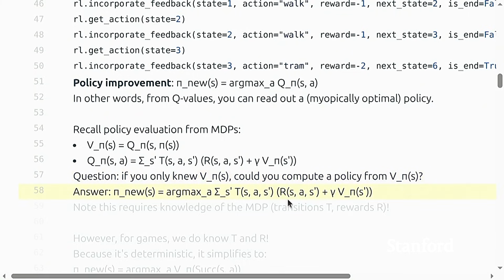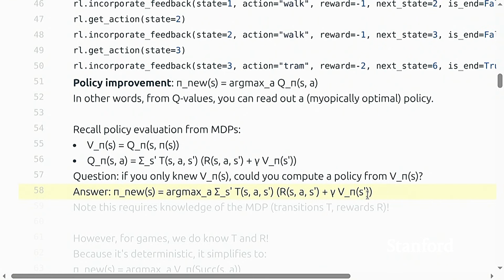If I only told you essentially how good various states are, can I get a policy out? Well, I guess the question is, what do you need to get a policy out, right? And in some sense, you look at this and you say, well, if I'm given V pi of S, I can just compute Q pi of S, A using this formula, and then I take the argmax over A, and that's my policy, right?